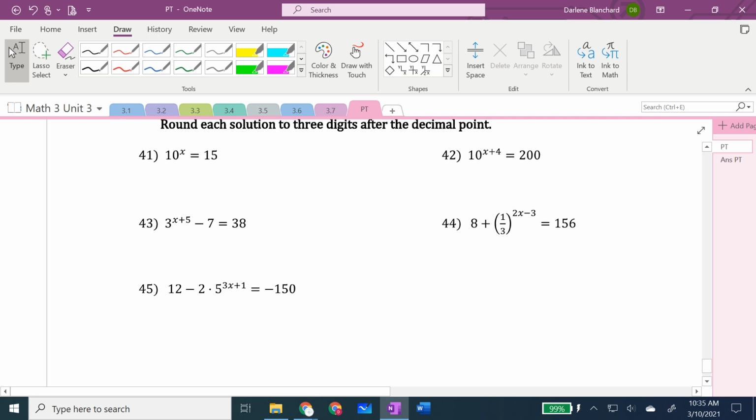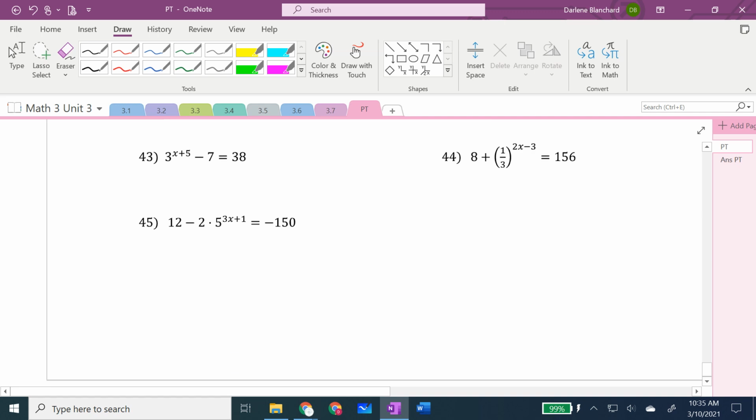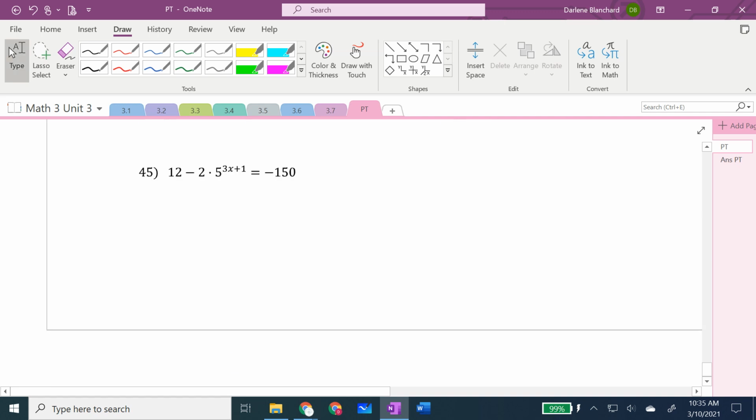It's harder than what I would put on the test. I would give you more the level you see from the other ones, 41 through 44, just so you know. But I'll do 45 because it is the challenge problem. And if you can do the challenge problem, then you are very good to go.